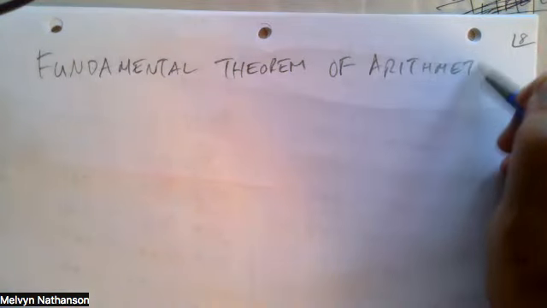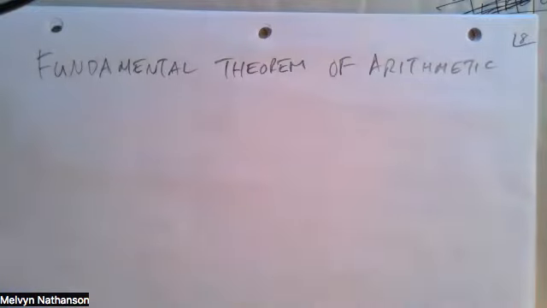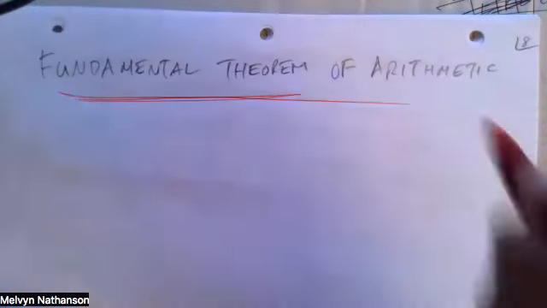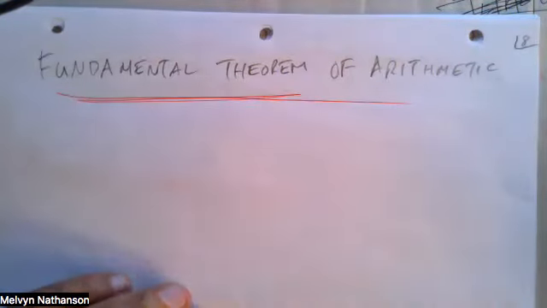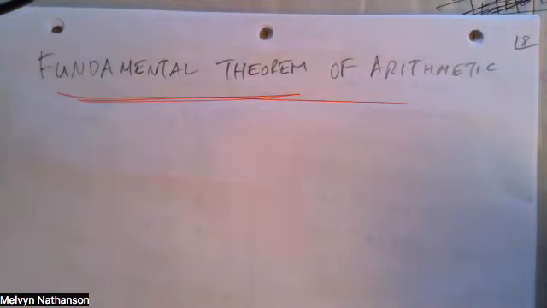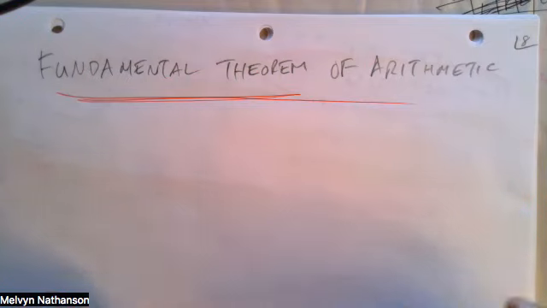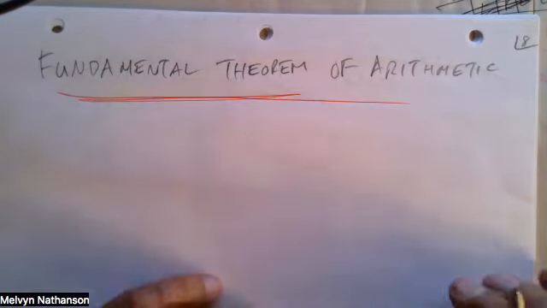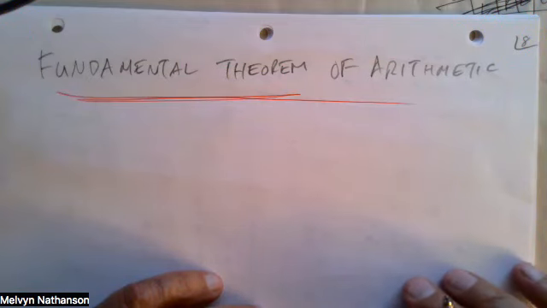Arithmetic is another name for number theory. So if something is called the fundamental theorem, you know it has to be important. And what the fundamental theorem tells us is something about how to write integers as products of simpler integers.